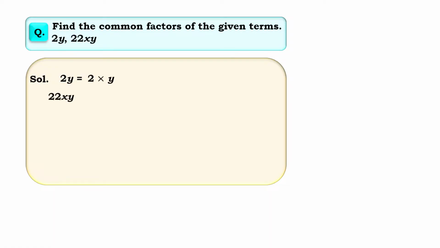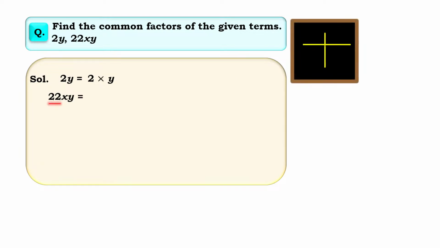Now what about 22xy? First we need to do the factorization for 22. 2 divides 22, so 2 elevens are 22. Now for 11, 2 does not divide 11, 3 does not divide 11, we should only see prime factors. 5 does not divide 11, 7 does not divide 11, and what is the next prime? 11.